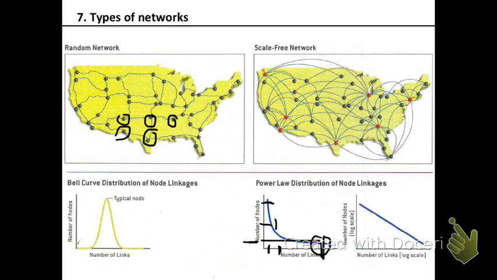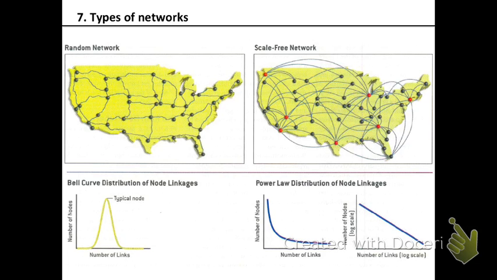So the distribution of that is going to follow this power law. And if you take a logarithm of the same distribution on the x-axis and the y-axis, it's going to show this kind of distribution.